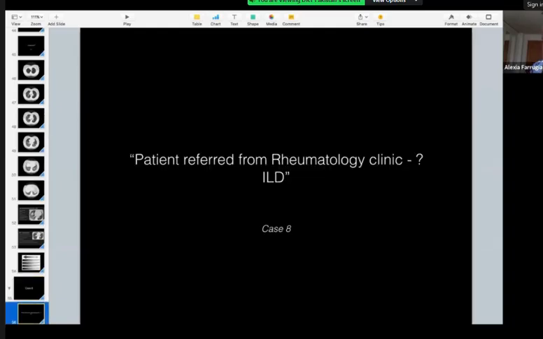So this is your history. It's a patient referred from rheumatology clinic. Query ILD. Okay, so we will bring up the images for her.